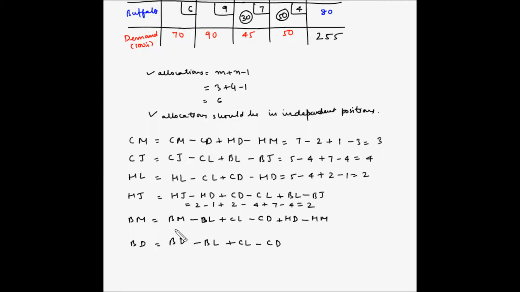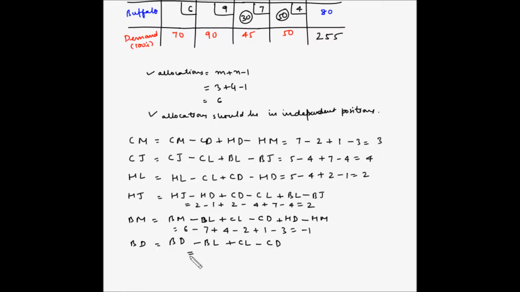Now proceeding to Bm. So Bm is 6 minus Bl is 7 plus Cl is 4 minus Cd is 2 plus Hd is 1 minus Hm is 3. 6 minus 7 is minus 1 plus 4 is 3 minus 2 is 1 plus 1 is 2 minus 3 is minus 1.